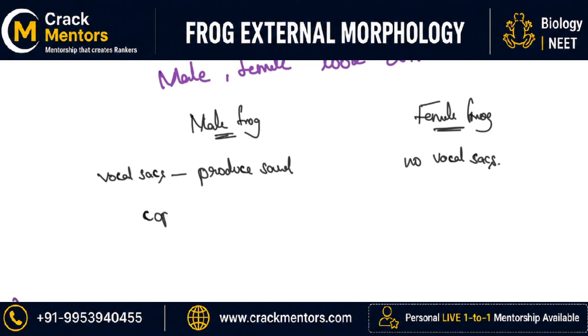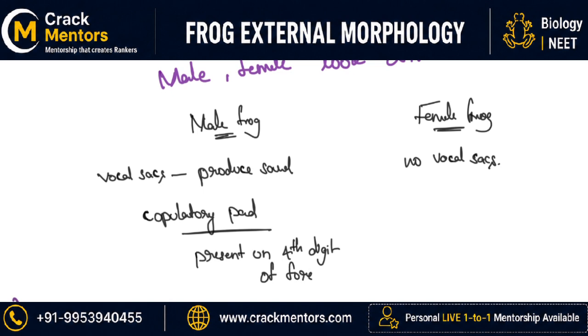Then the male frog has the copulatory pad, which is normally present on the fourth digit of the forelimb. Copulatory pad is majorly seen on the fourth digit of the forelimb.